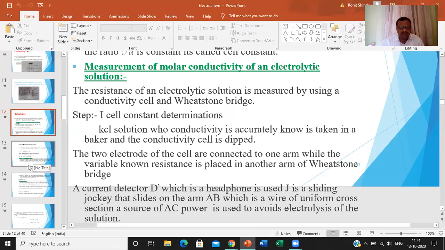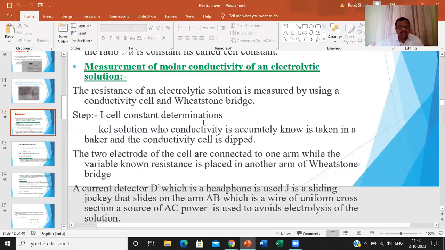In the first step, we have to determine the cell constant. Here, the KCl solution whose conductivity is accurately known is taken in a beaker and the conductivity cell is dipped in it. The two electrodes of the cell are connected to one arm while the variable known resistance is placed in the other arm of the Wheatstone bridge.